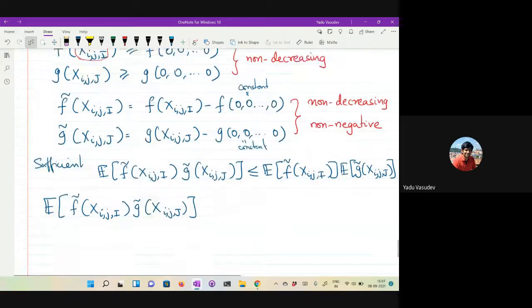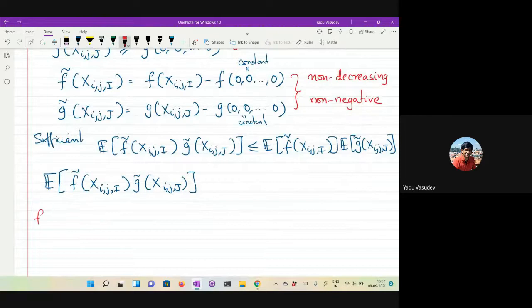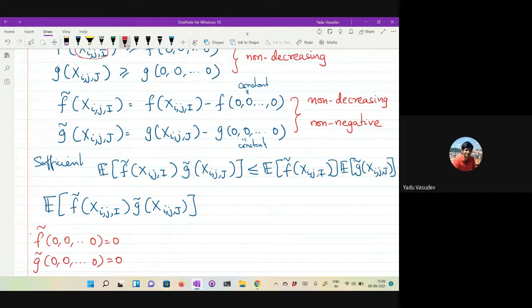So here is another thing. Notice the following observation. f tilde of (0,0,0,...,0) and g tilde of (0,0,...,0) are also 0, because of the definition of f tilde and g tilde. These two statements hold. So then what can you say about the expectation of f tilde times g tilde? Can both these functions be non-zero at the same time?